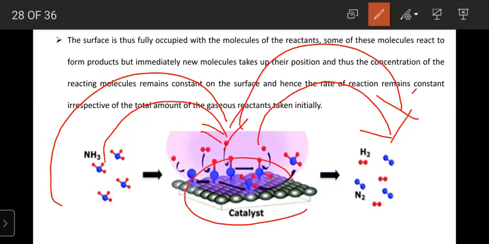So just consider the surface: the concentration remains constant. With respect to the surface of the catalyst, the concentration of the reactant is constant; it does not change, either decreasing or increasing. It remains constant. So this is the best example for a zero order reaction, right?